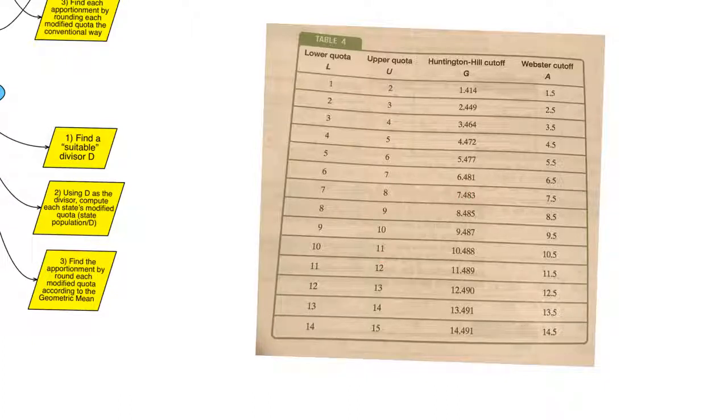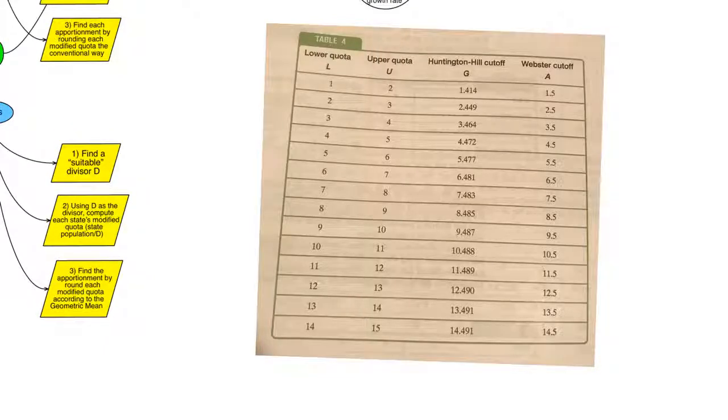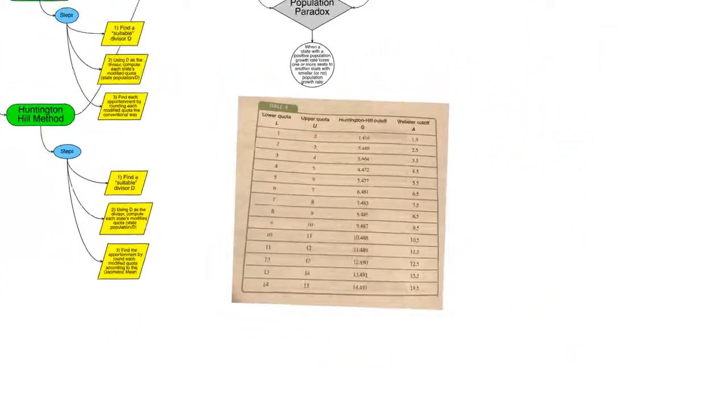All right, so as you can see, having a chart of the cutoff points for the Huntington-Hill method is very, very handy, and it may very well come into play in the next example. So let's immediately look at an example of the Huntington-Hill method in action.